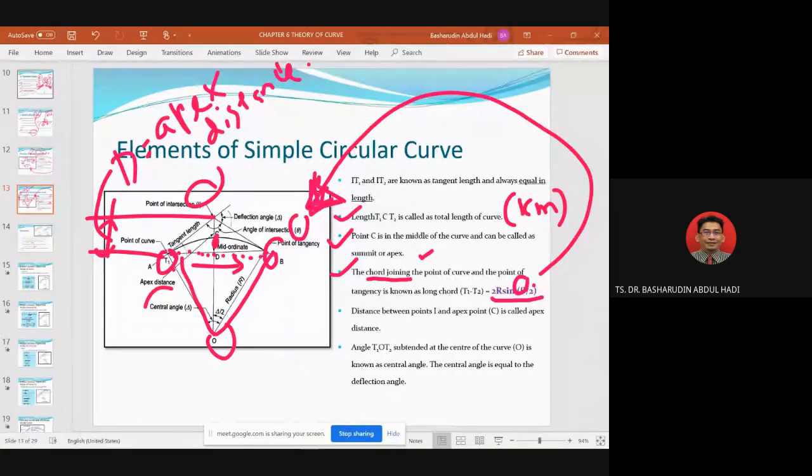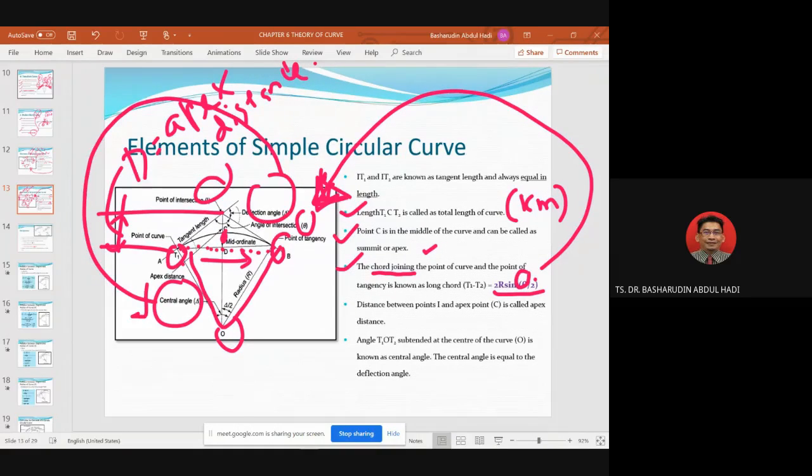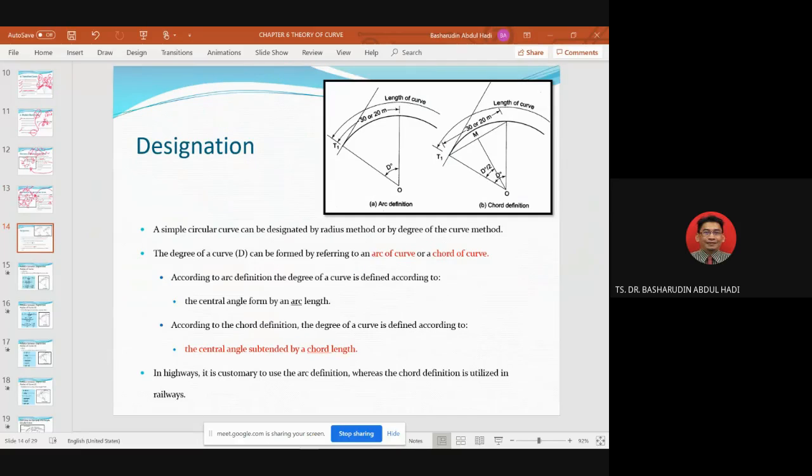This one, the central angle. The central angle is equal to the deflection angle. So again, a mathematical correlation: the deflection angle and the central angle are the same in a simple circular curve, or horizontal curve.